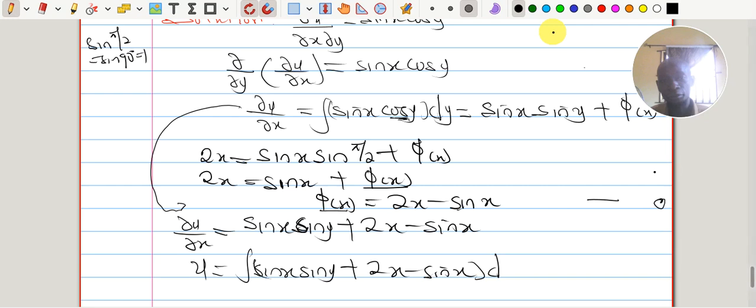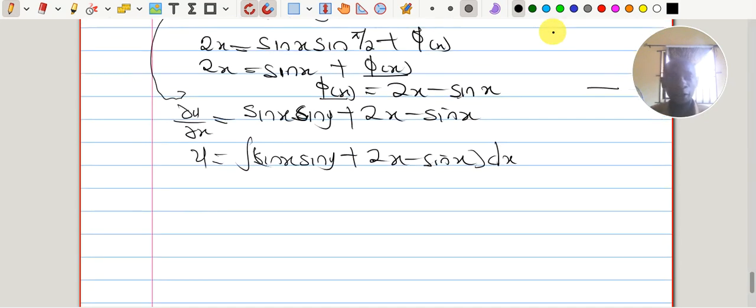Now let me integrate sine x here. If you integrate sine x, we are going to get minus cos x. So sine y will remain the same. Now if you integrate 2x, this will give 2x squared over 2, which becomes x squared.